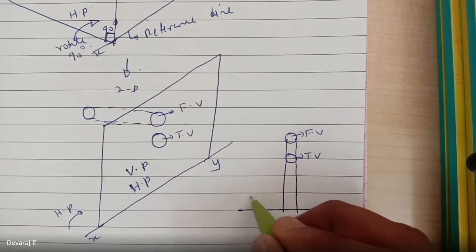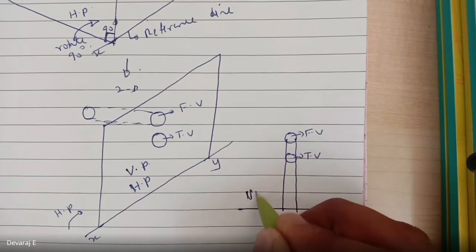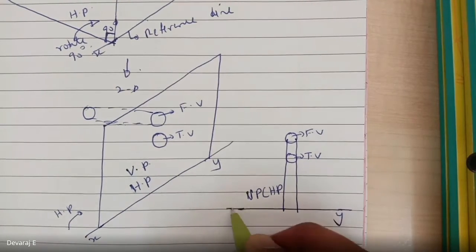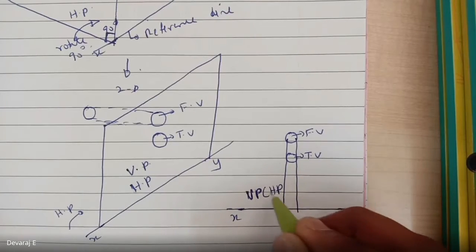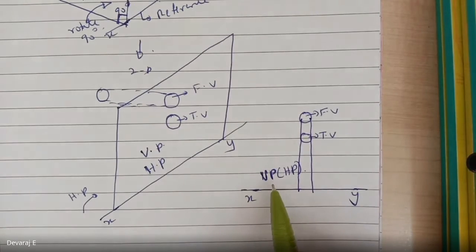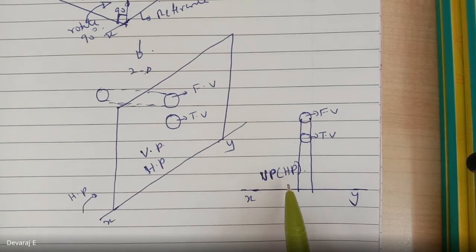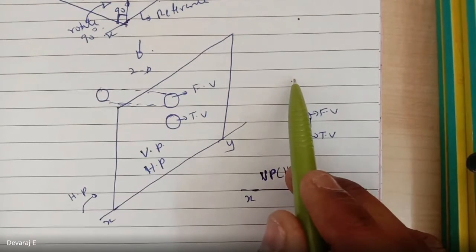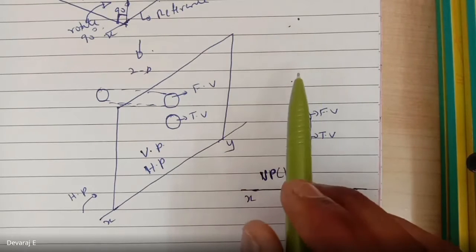Okay, and this is VP, HP, XY. So everyone is clear with this? If you have any doubts, you should ask me. See, both the planes will converge in the second quadrant system. But when you come to the first quadrant, you'll get VP by HP, right? VP on the top, HP on the down.